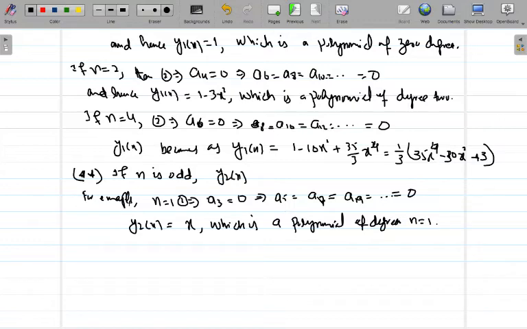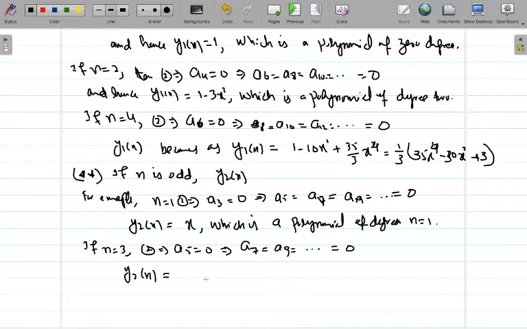Similarly, if we continue for n is equal to 3, then equation 2 becomes a5 equal to 0, and this implies that a7, a9 and so on, all the rest of the odd order coefficients, are equal to 0, and we get y2 equal to x minus 5 divided by 3 x power 3, which can be written as 1 by 3 times (3x minus 5x cube), which is also a polynomial of degree 3.